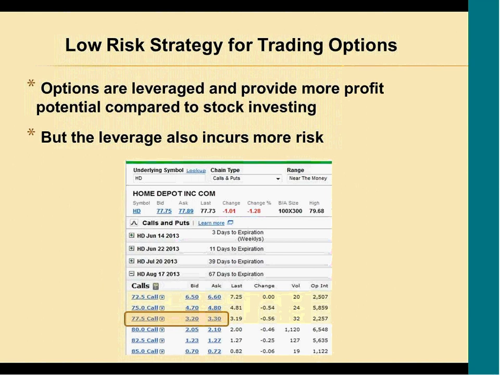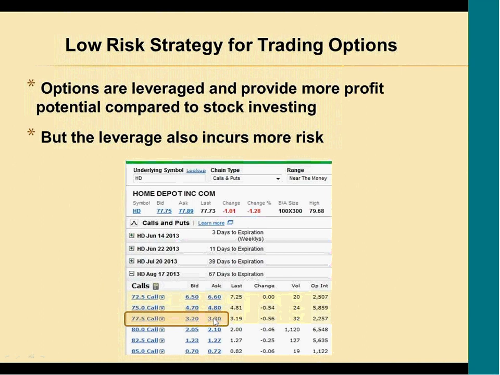I plug in the price for Home Depot, the option strike, and the option premium, and use my option purchase calculator to calculate the profit and loss potential for this option trade. The calculator assumes various price changes in Home Depot stock at option expiration, in this example from a 10% increase in the stock to a 10% decline.